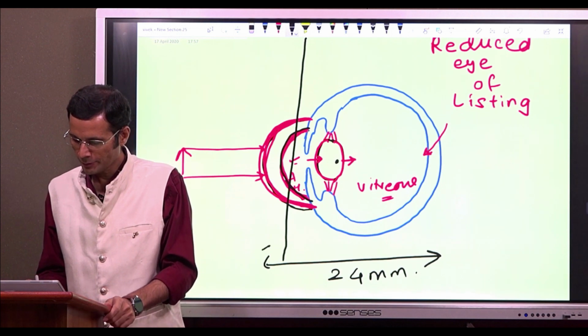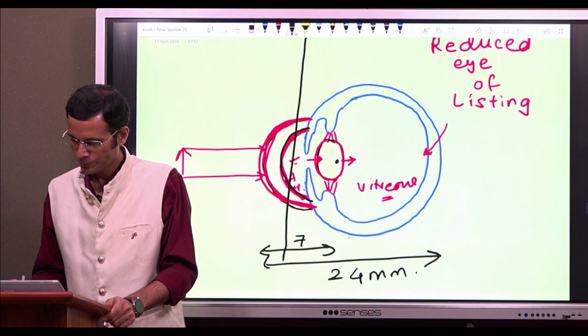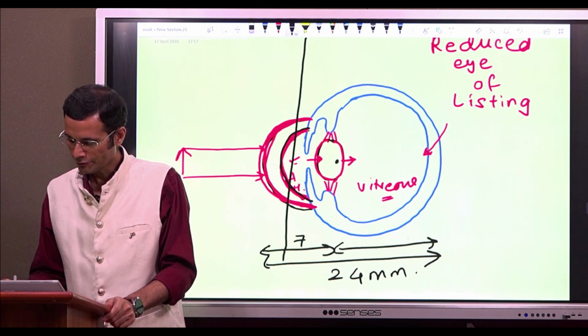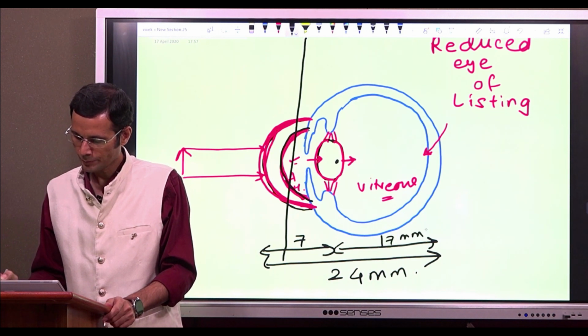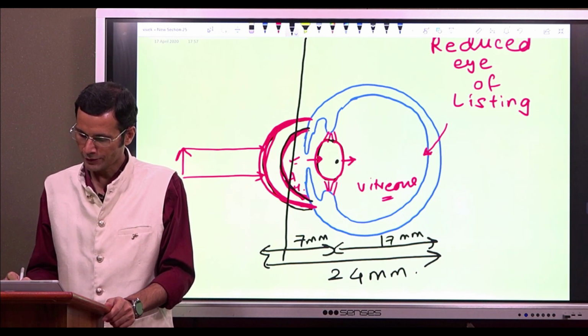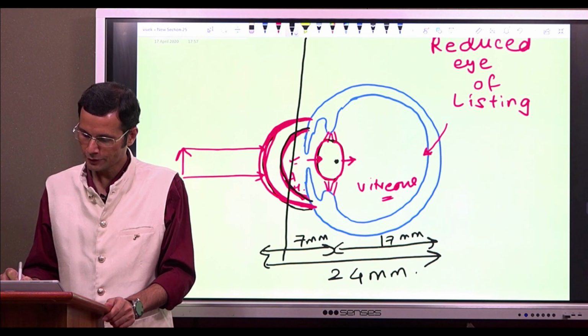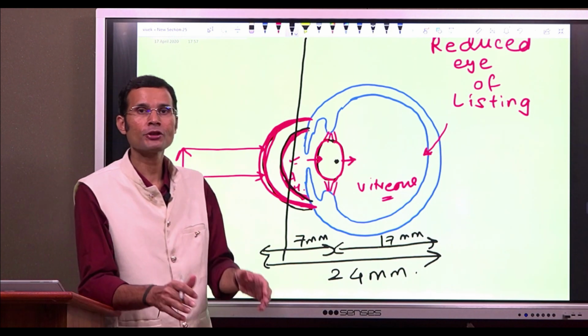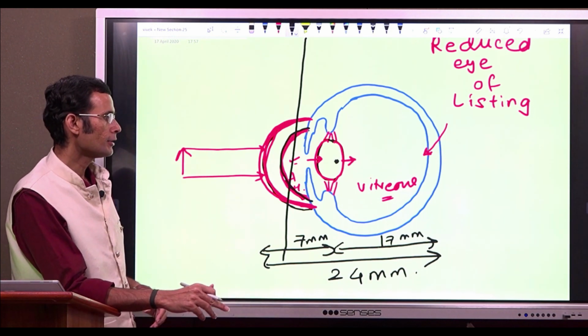So, here is 7 millimeters and 17 millimeters. That is where the nodal point of such a reduced eye or schematic eye is present.